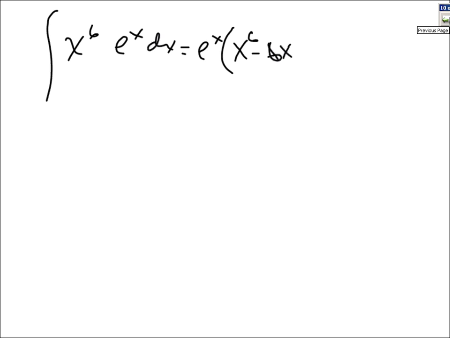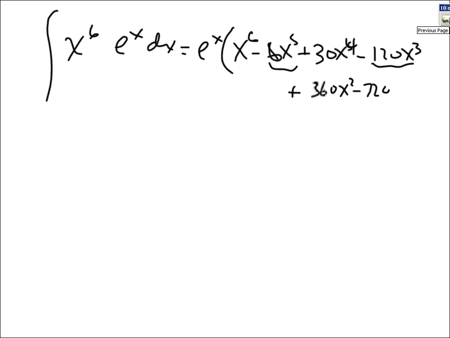Somebody asked me what the integral of x to the 6 times e to the x is. I can actually write that down. It's going to be x to the 6 minus the derivative of x to the 6, which is 6x to the 5th, plus the derivative of that, minus the derivative of that, plus the derivative of this, minus the derivative of that, plus 720, plus c.